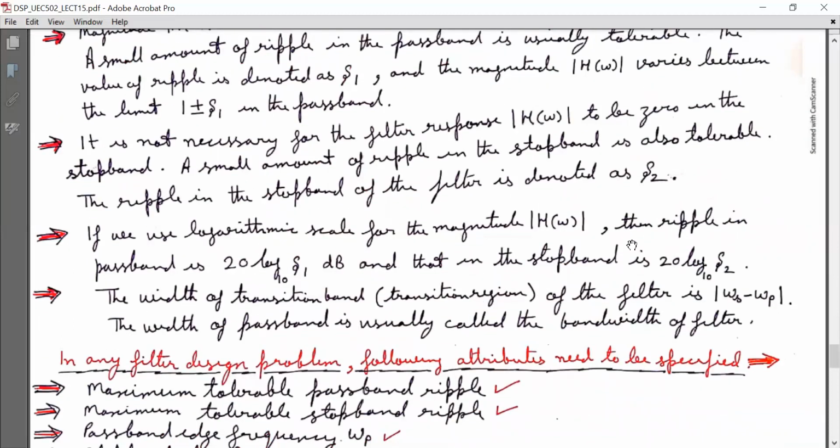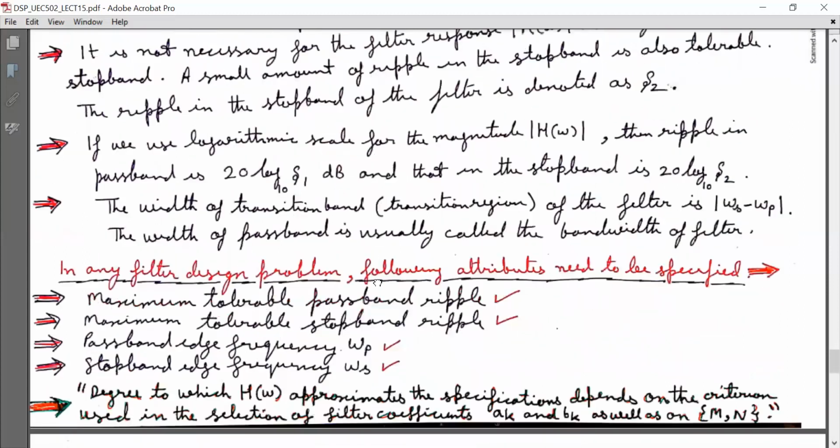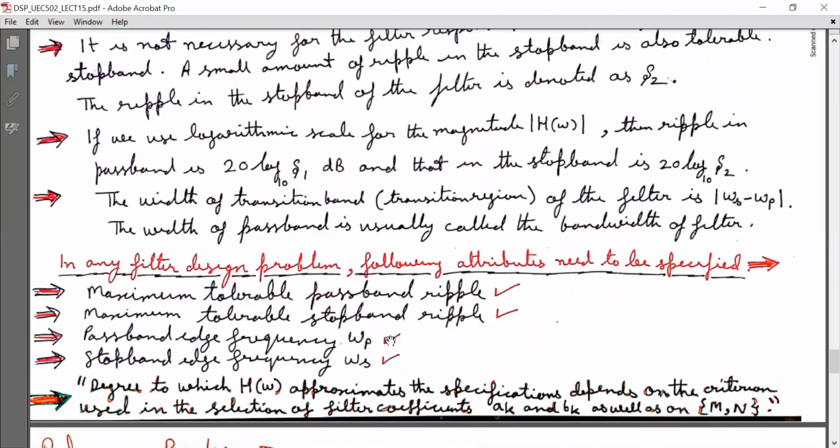And the ripple in passband is 20 log10 delta 1 dB. So while doing numericals, we need to be careful about how to calculate delta 1, delta 2, and make other design calculations based on this. So in the question, these attributes will be given to you and you will have to design the filter.